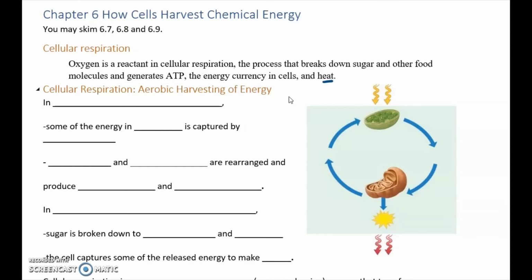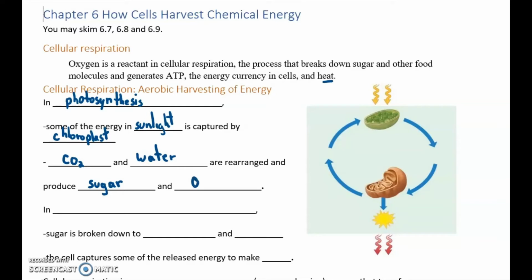Okay, so let's get the very, very big picture. So in photosynthesis, some of the energy in the sunlight is captured by the chloroplast. Carbon dioxide and water are rearranged and produce sugar and oxygen.